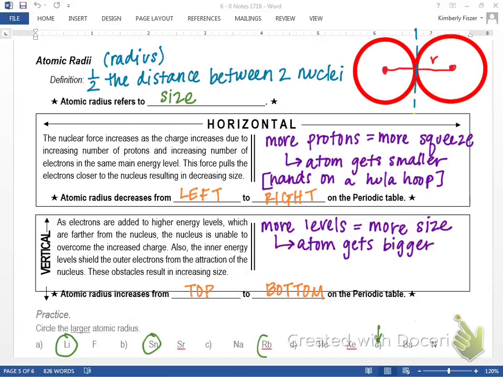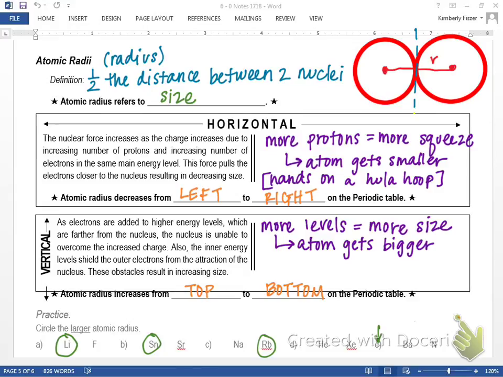So, rubidium wins. Helium and xenon, 2 fingers. Who's bigger? Xenon. Why do we know xenon is bigger? Because he has more rings. How many more rings does he have? 5 more rings. Good job. You guys are getting it.